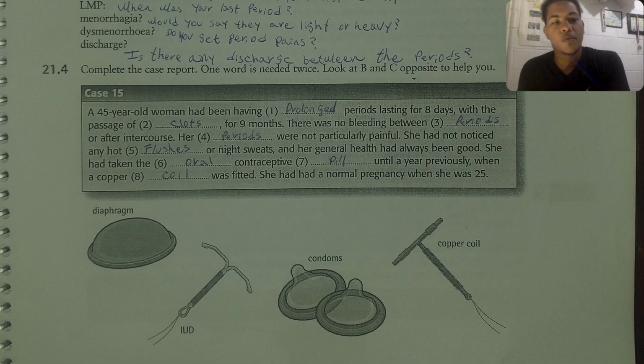Exercise 21.4. Complete a case report. One word is needed twice. Look at B and C opposite to help you. Case 15. A 45-year-old woman had been having prolonged periods lasting for 8 days, with clots, for 9 months. There was no bleeding between periods or after intercourse. Her periods were not particularly painful.